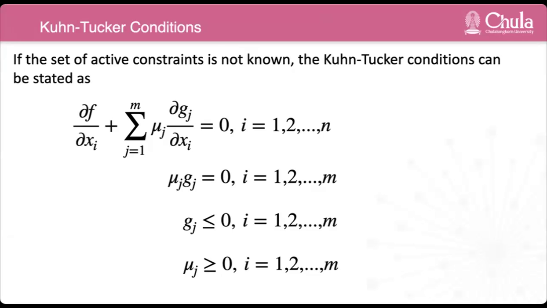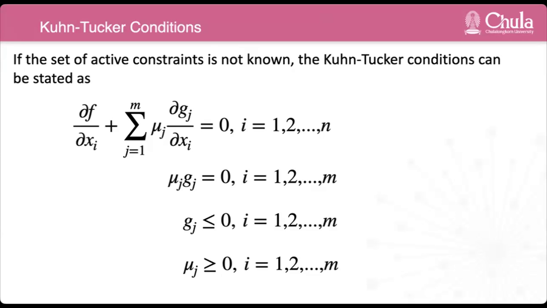So you see that by analyzing this, how can mu g become 0? There are two ways. The first one, g is 0, or mu is 0. Right?